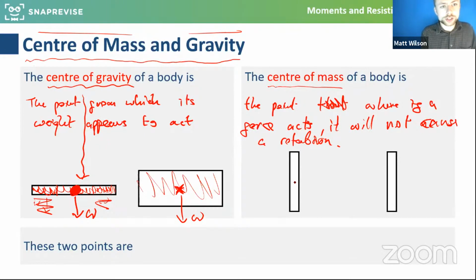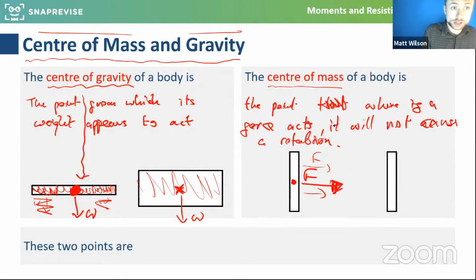Let's say I've got this rod again, and I decide I want to give it a push to get it moving to the right. If I push it anywhere other than the center, then this push is going to cause it to spin as well. However, if we push it directly in the center, it won't spin. I mean, which way would it spin, for example?